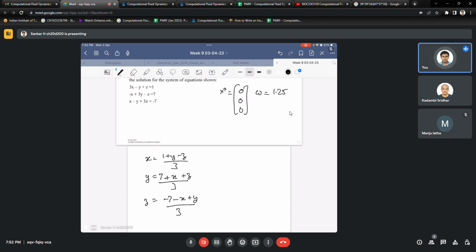Now what I do here is, for successive over relaxation, I multiply this with a factor omega. Suppose this is at the k plus first iteration.